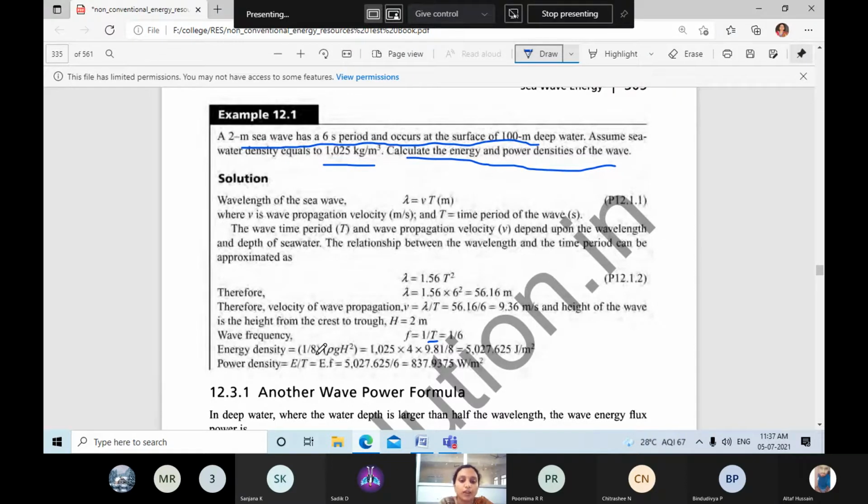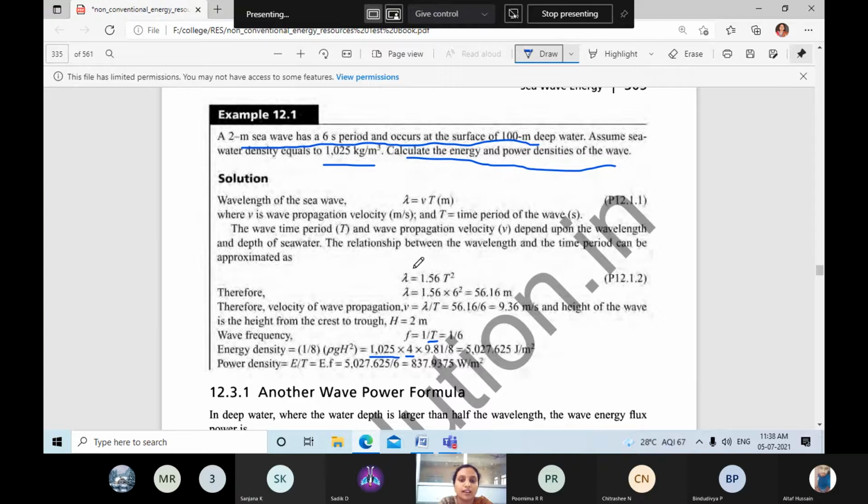Energy density is 1 by 8 rho g h square. The density is 1025, as given. Substitute 1025 into it. How did we get the 4?